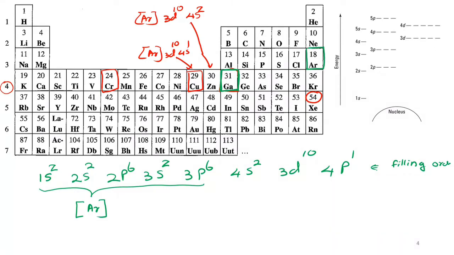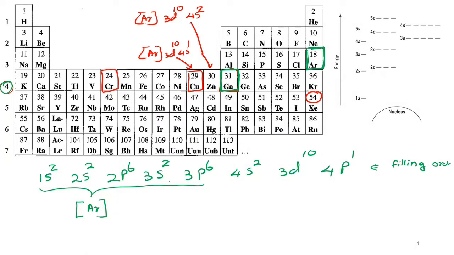Gallium is in the period 4, and the noble gas structure you're using is directly above that. So you're always using the noble gas that is in the previous row, not in the same row. In the same row, you have krypton. You don't use that. The noble gas structure you use is the previous noble gas structure.